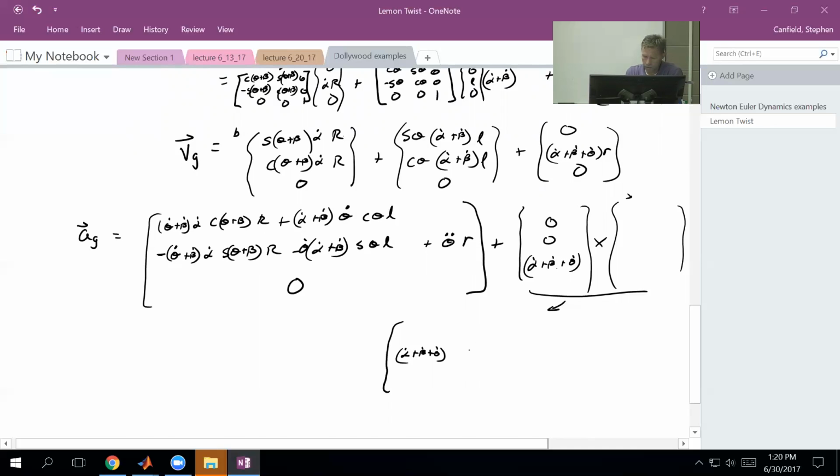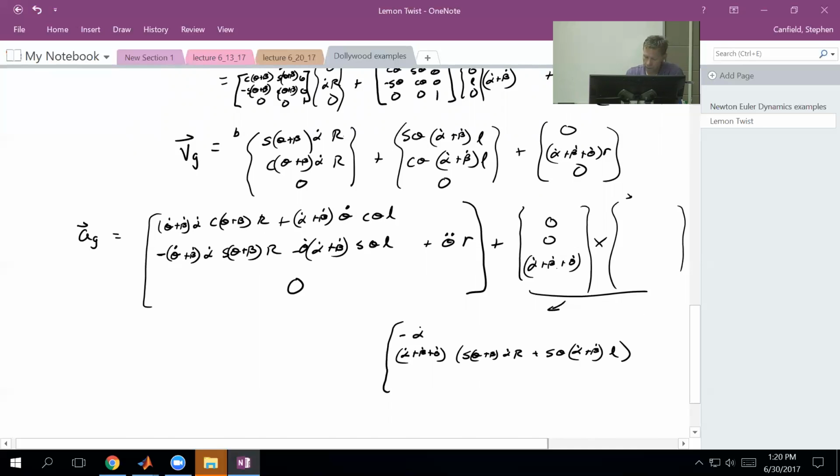So that's sine theta plus beta alpha dot r plus sine theta alpha dot plus beta dot L. Second term we have is a k cross a j is a negative i.